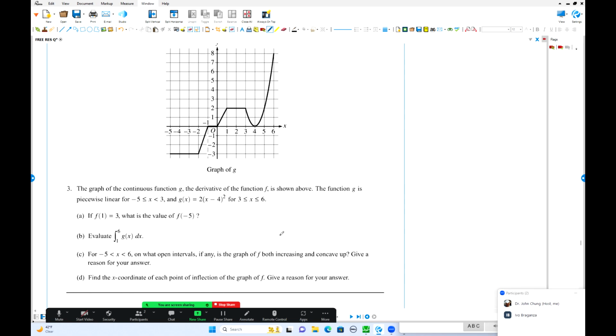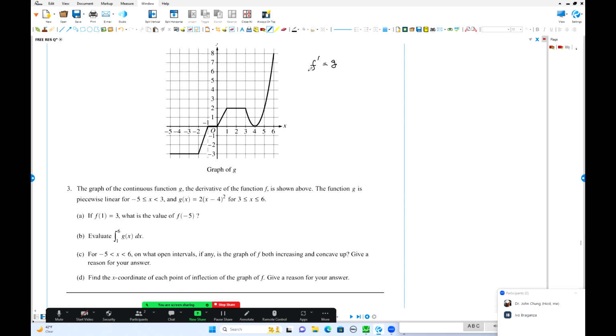The graph of the continuous function f's derivative function is shown over here. So g equals f prime, okay? g is the derivative of f. The function g is piecewise. You can see the piecewise function there, okay? 1, 2, 3, 4, 5 lines, and another one is a curve.